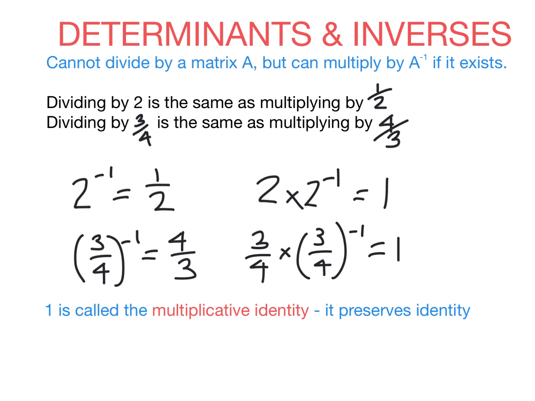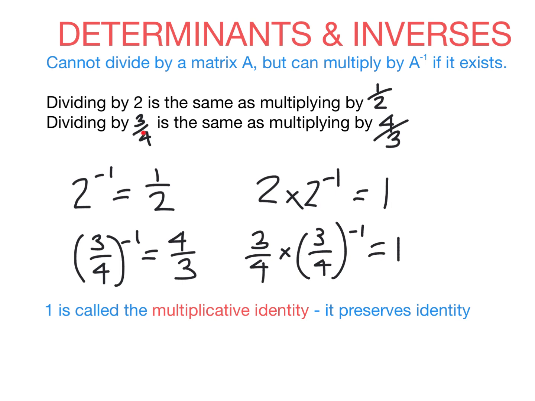It's no coincidence that multiplying by 3 over 4 is the same as dividing by 4 over 3, because the inverse of 3 over 4 is 4 over 3. The inverse of a number is the number you multiply by to get 1. 2 times a half equals 1. 3/4 times 4 over 3 equals 1.